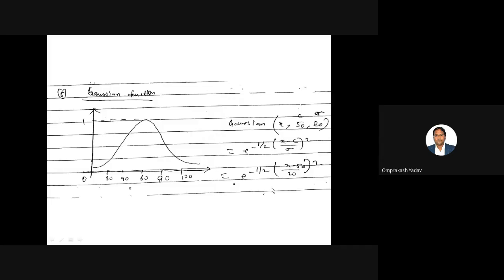So the equation is e raised to minus 1 by 2 (x minus c upon sigma) square. You can give this example, you can also write with the numbers. Here you can write x. Okay, x variable is missing, you can write x. So can you just repeat what was C and sigma? C is the central point.